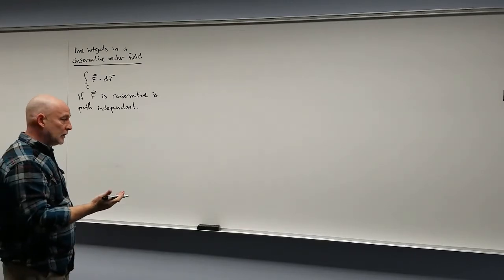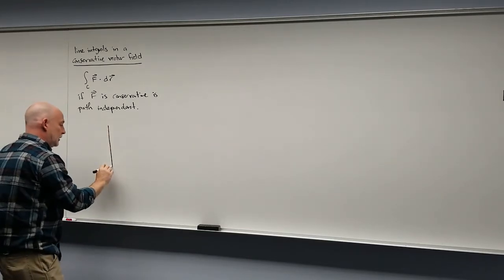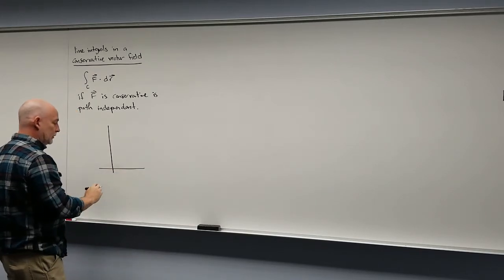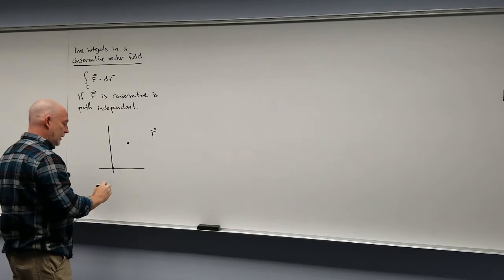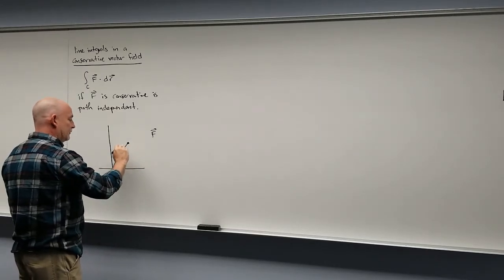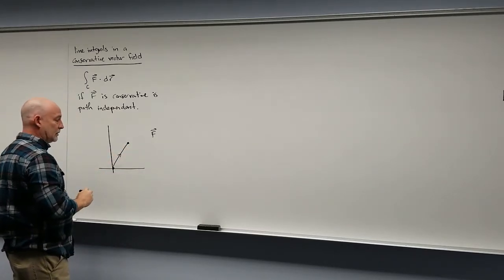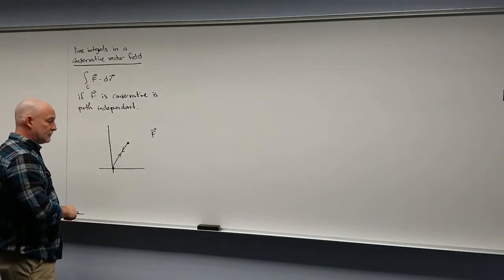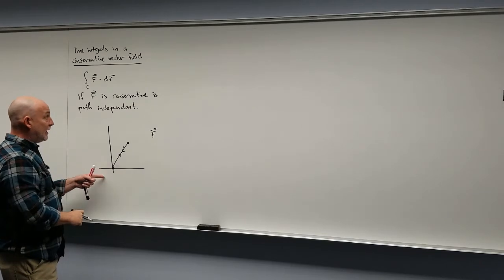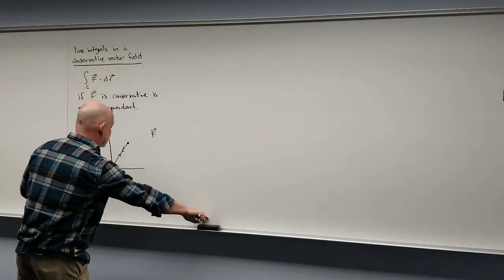We solved in the last lecture, if we're doing an integral in a field, some f here, where we're existing in some world f, if we went one way in the field, we went that way, we got one answer, and if we went the other way, we got the same answer but the opposite sign. Well, if we combine that with our conservative vector field, what does that mean?